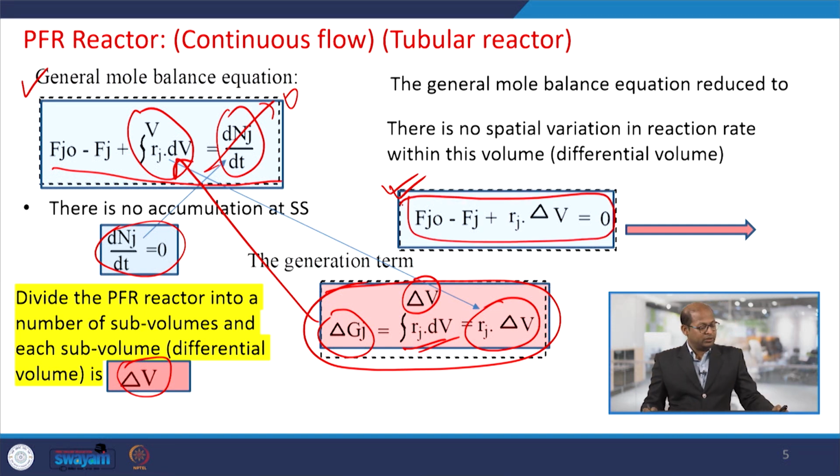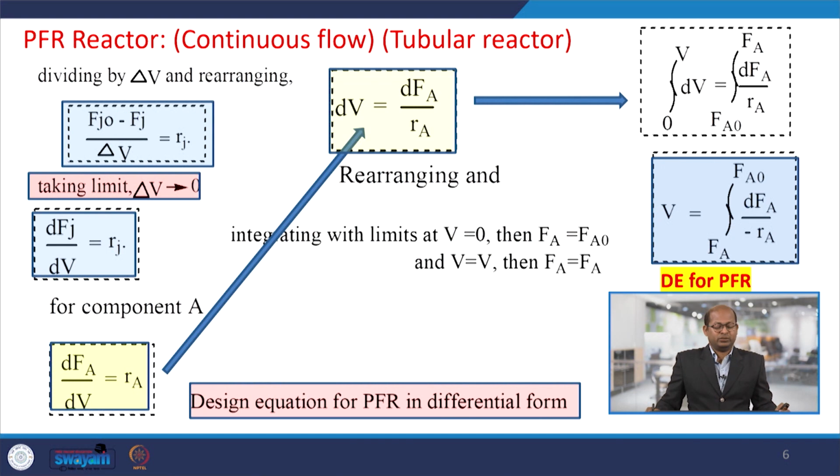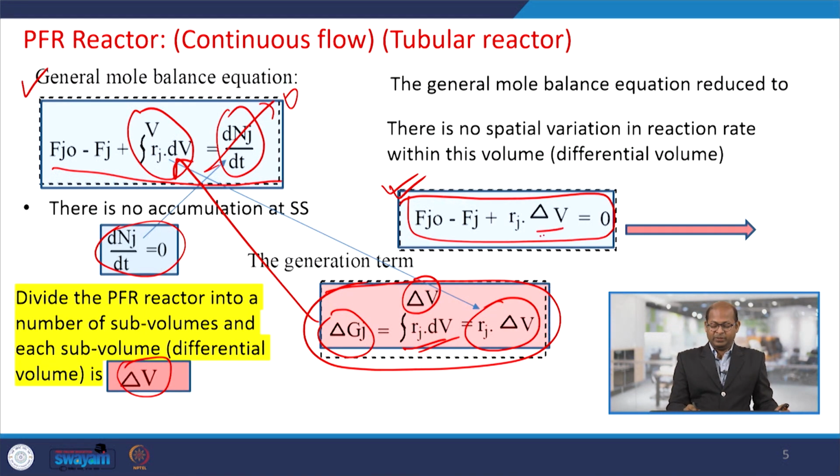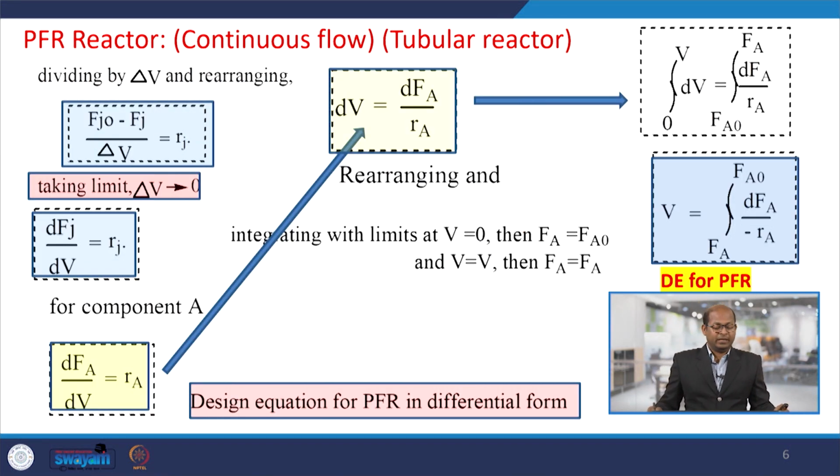Okay. So, this is the general mole balance equation. Now, if we divide both sides, left side and right hand side, by delta V, then we will get this. Okay.